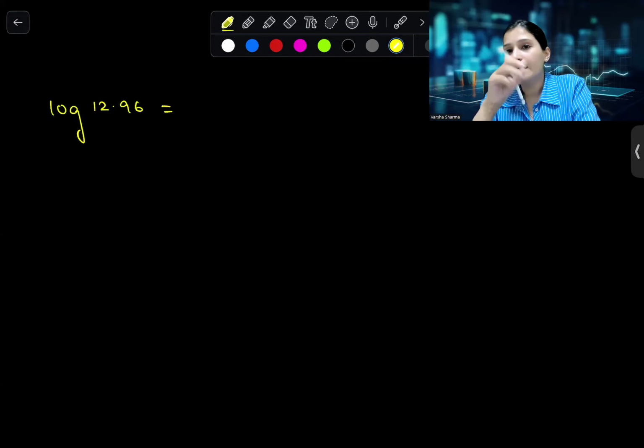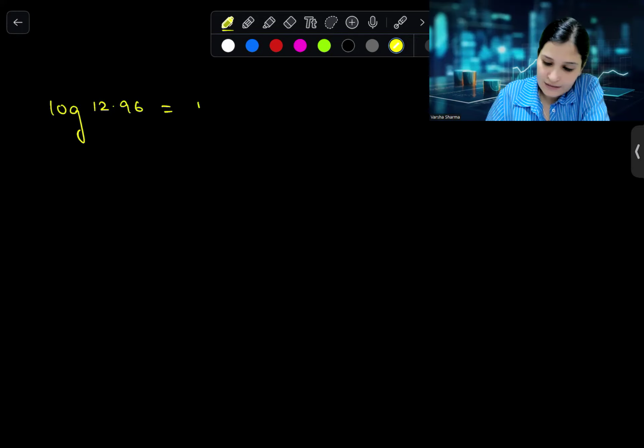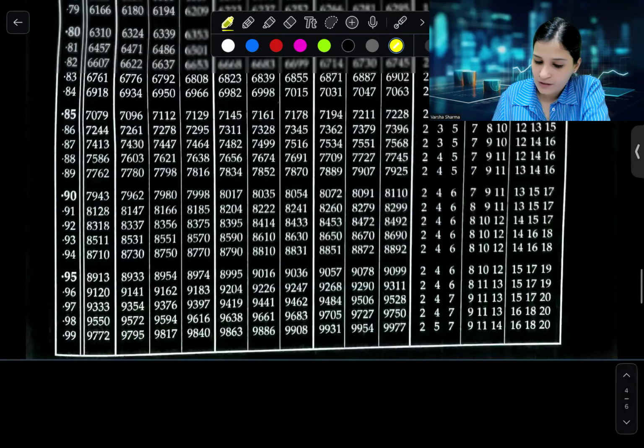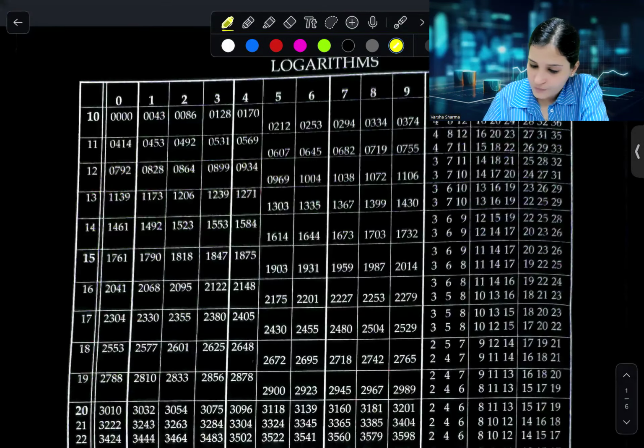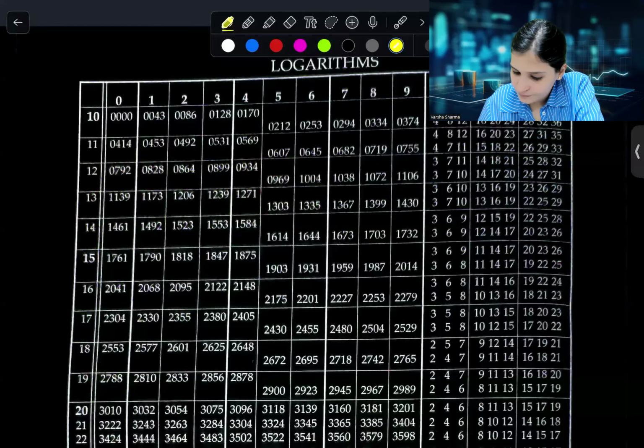Characteristic in this case will be the number of digits before the decimal minus 1. So here the characteristic will come out to be 1. And then for the mantissa, we'll look for 12, 9th and 6th value. And the 6th value will also be in the below one.